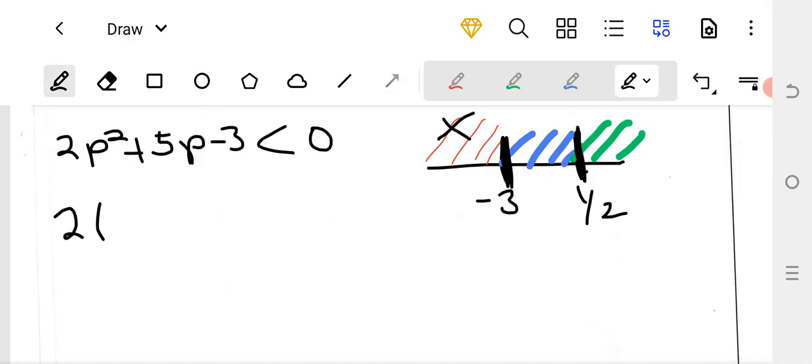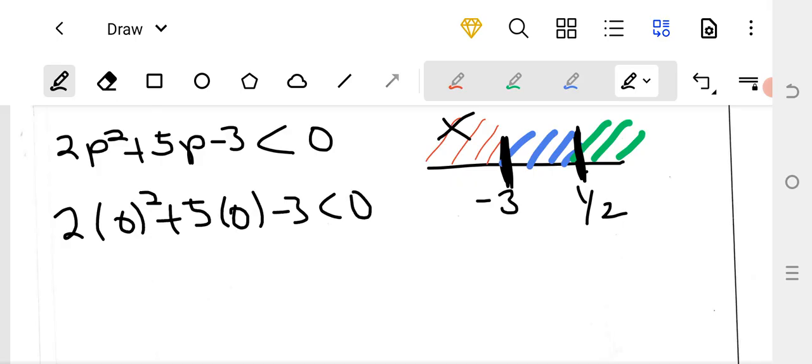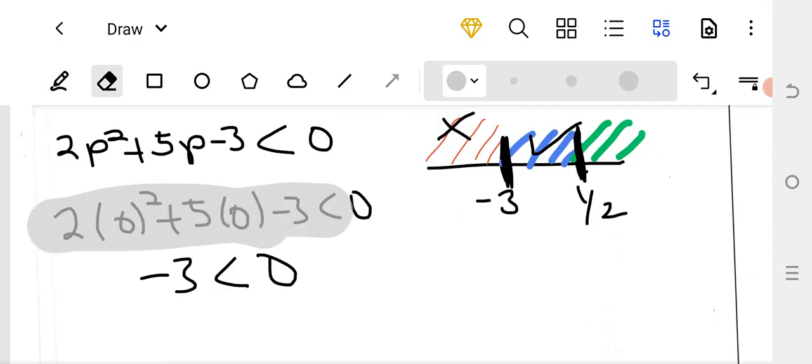So it will be 2 multiplied by 0 squared plus 5 multiplied by 0 minus 3 is less than 0. So it's going to be -3 is less than 0. Is that true? Yes. So that region is okay. That region satisfies the inequality.